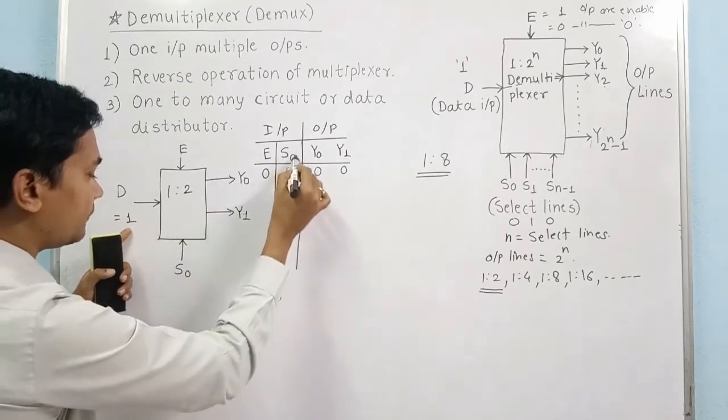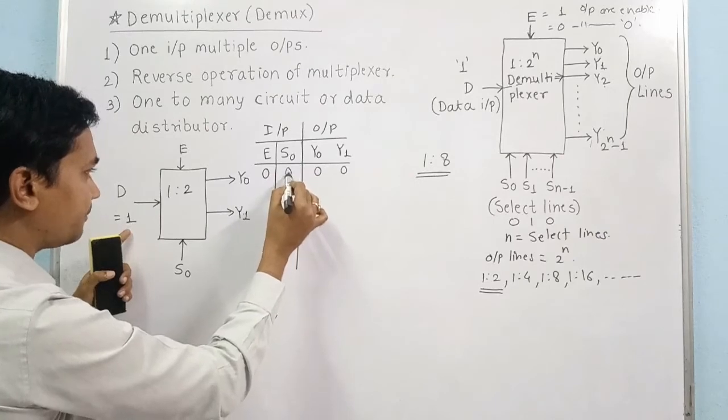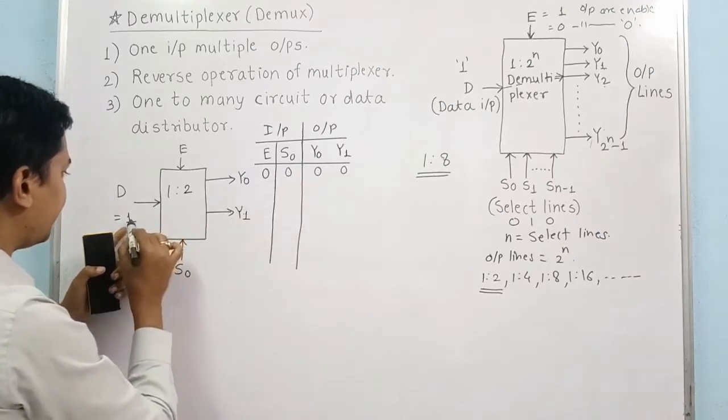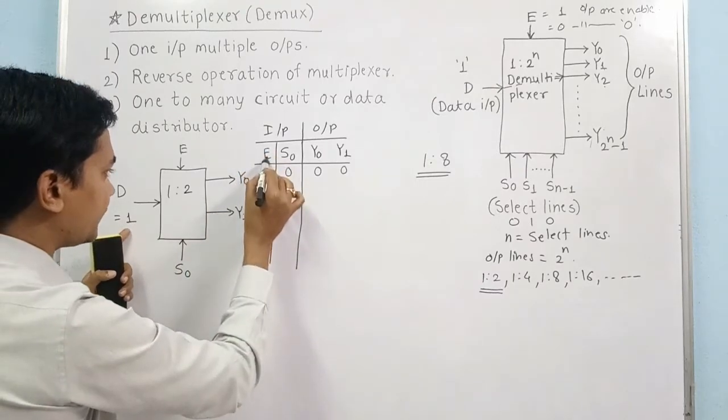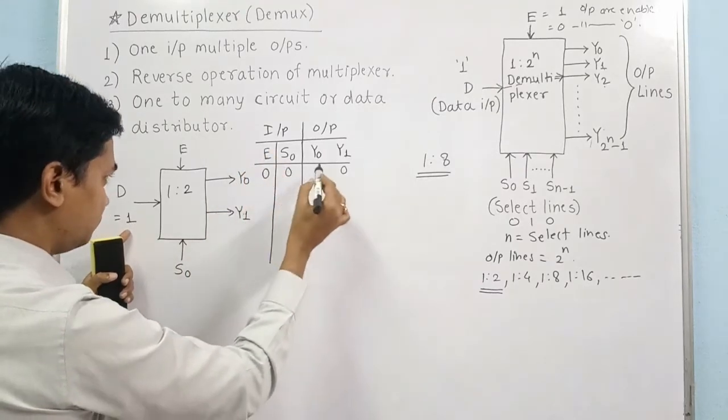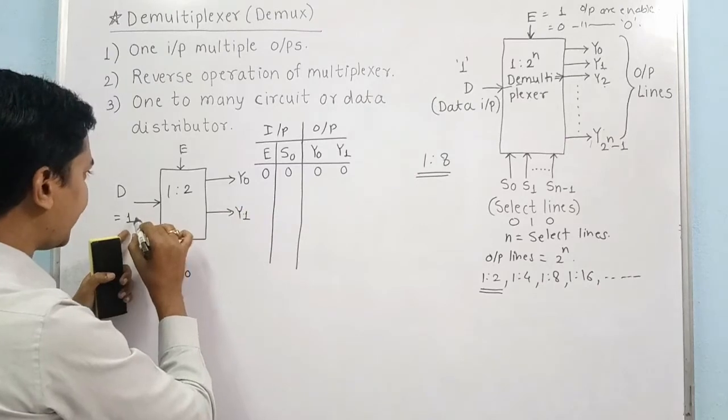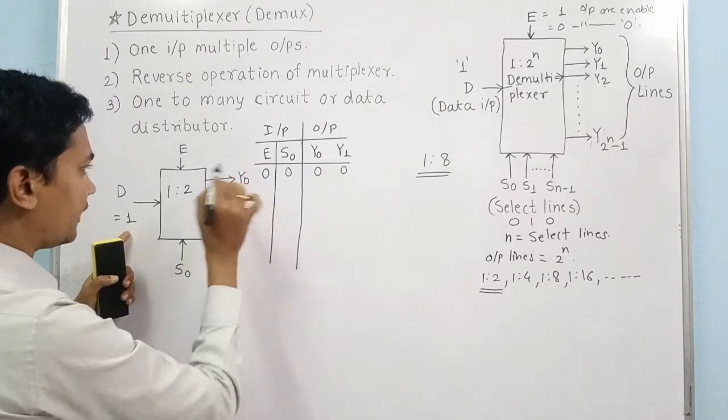So S0 has been made 0, that means we want to send the data 1 on the Y0 line, but due to E equal to 0, this data is not able to be sent on the Y0 line.